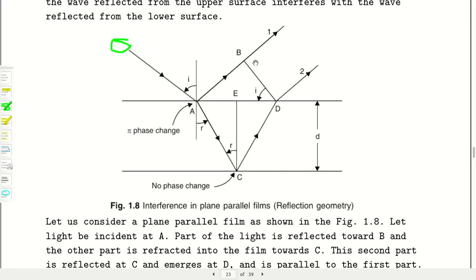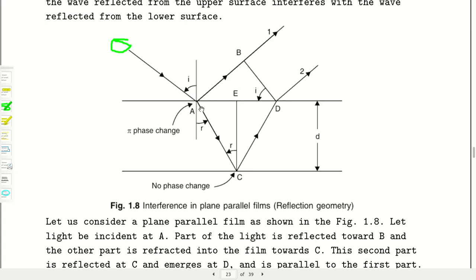Here you can see the path is the same after the point B and after the point D. The lengths of the paths of 1 and 2 are the same because they are traveling in the same medium with the same speed, that is the speed of light. So the paths will be equal. But previously, before these points, AB is the path traveled by light 1, while light 2 traveled the AC and CD path, which is very much different from AB. So there is a path difference.